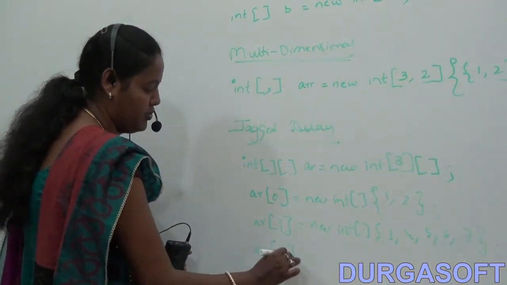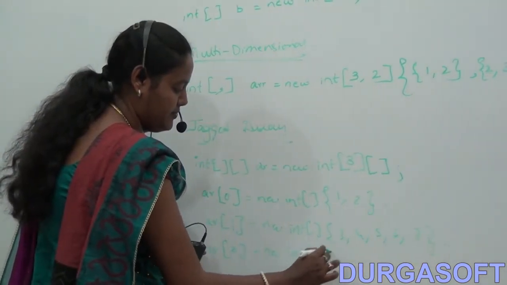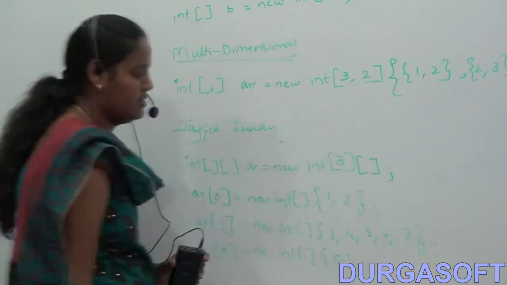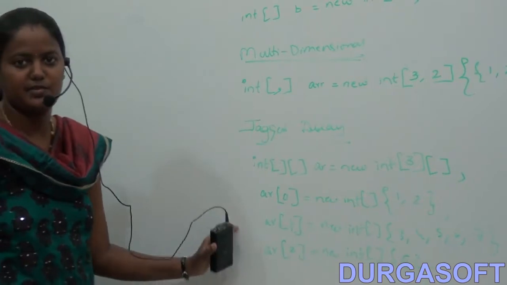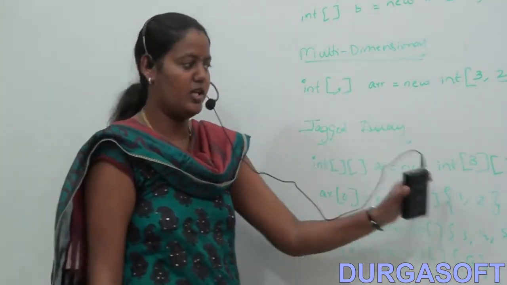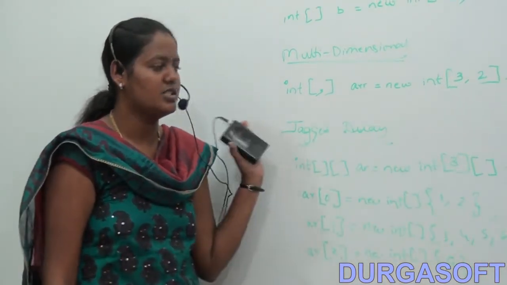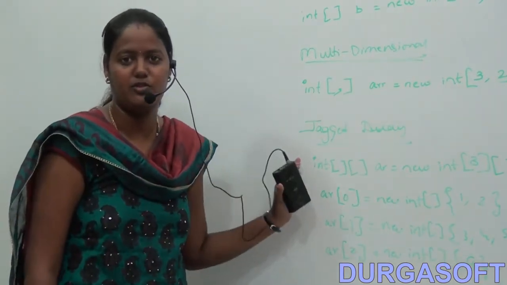Array of 2 equal to new int with size 1 only. So this is a jagged array. In a jagged array, each and every row can have a different number of columns, and here we mention only the number of rows, not the column size. So these are about arrays, initialization of arrays and assignment of arrays.